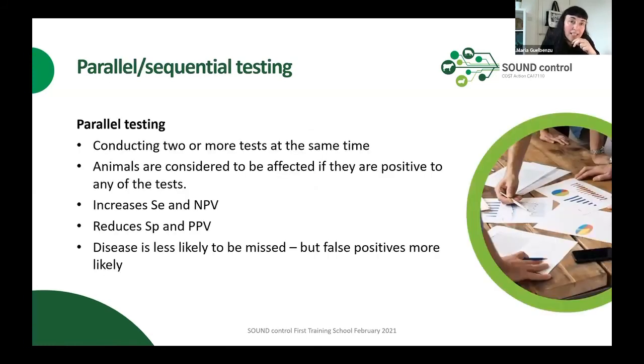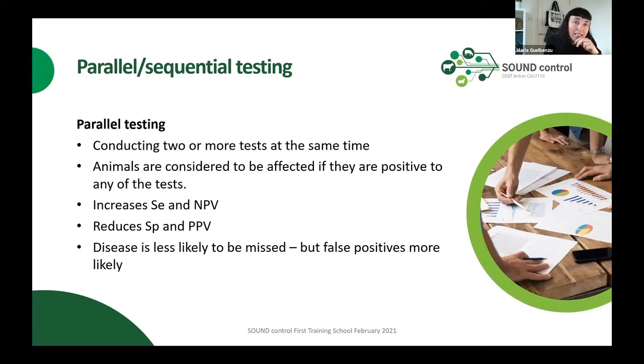So let's get to the final part. As I was mentioning before, one way to improve our tests is also to use several tests either at the same time or one after the other. So these are our either parallel or sequential tests.